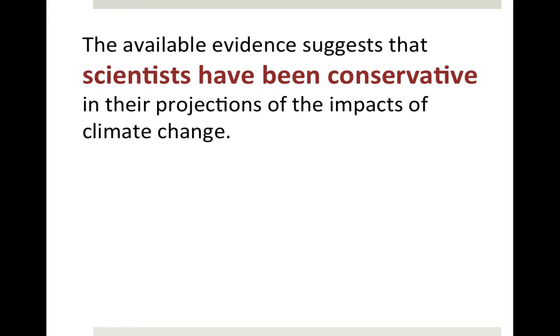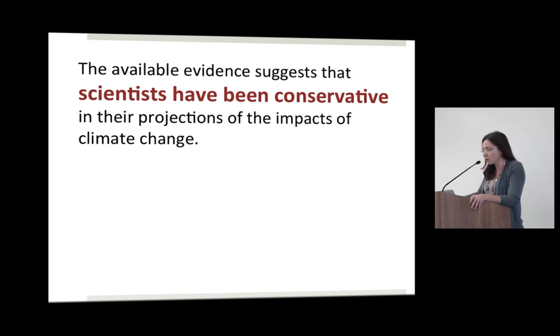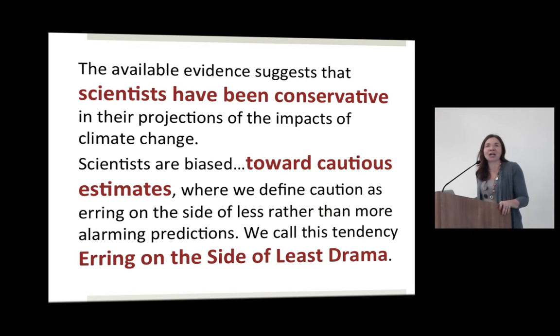They found, from reviewing hundreds, and I think perhaps even thousands of peer-reviewed papers, that scientists have in fact been conservative in their projections of the impacts of climate change. So conservative that we're biased towards being cautious, where we define caution as erring on the side of less rather than more alarming predictions. It was so systematic, they coined a syndrome that climate scientists are subject to, ESLD, erring on the side of least wrong.